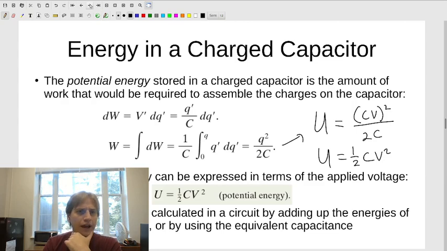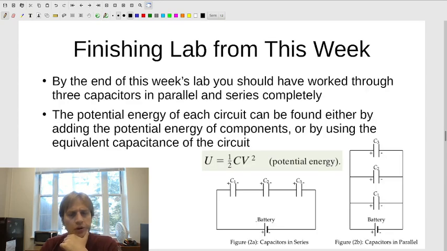Now, in your lab this week, we looked at these experimentally, where we put a voltage source and then connected 3 capacitors in series. This one was the tricky one. And then we looked at a voltage source and we connected 3 capacitors in parallel. What we did with each one of these was to calculate the amount of charge on each plate.